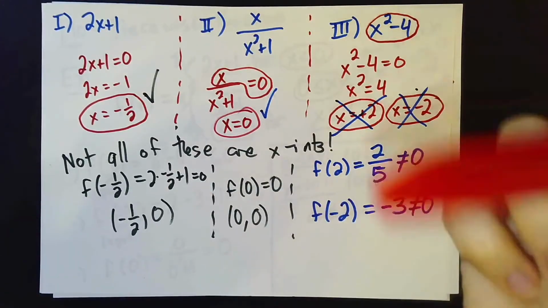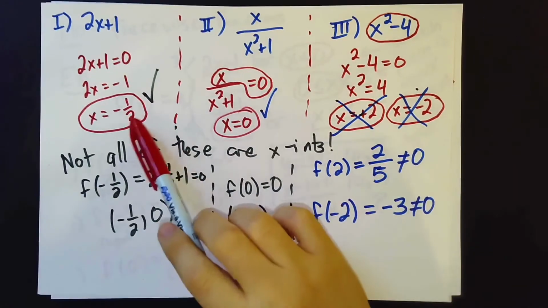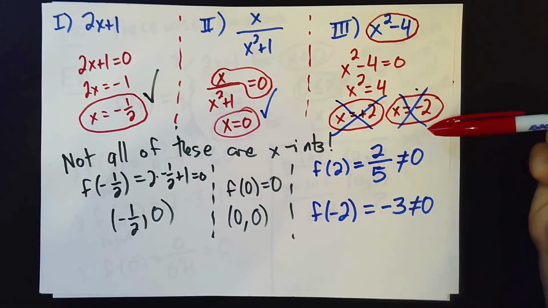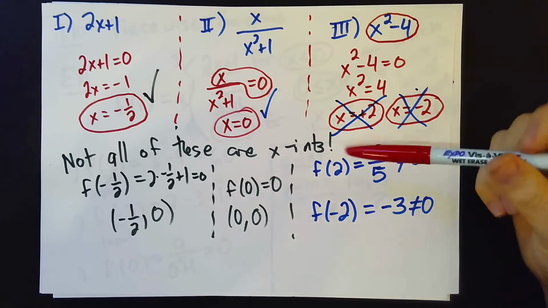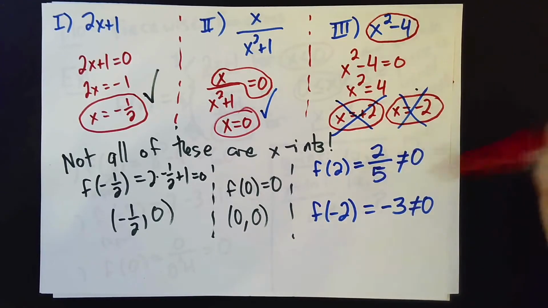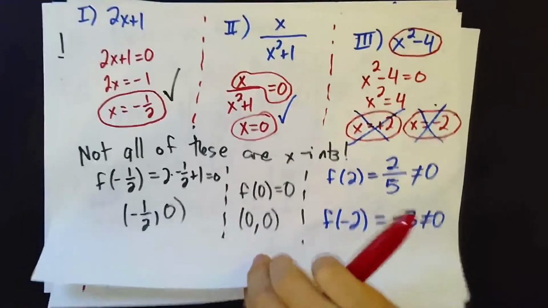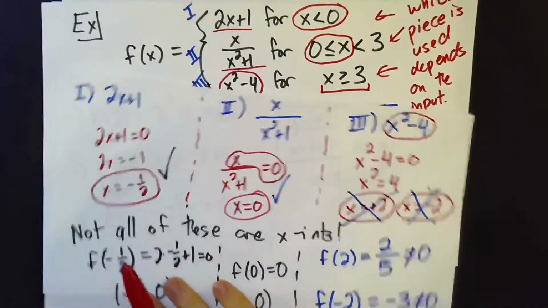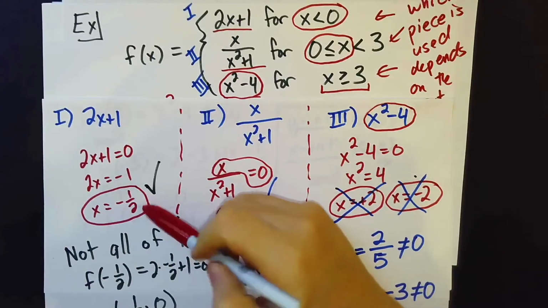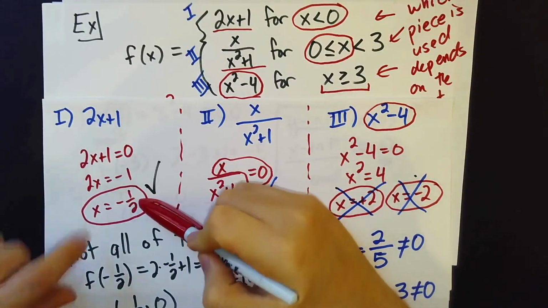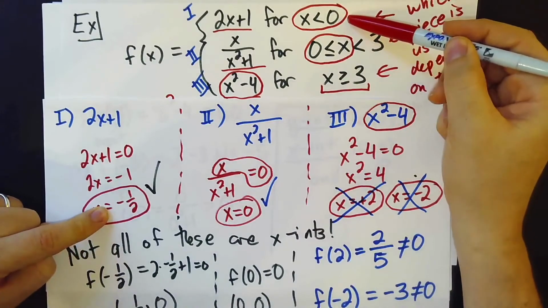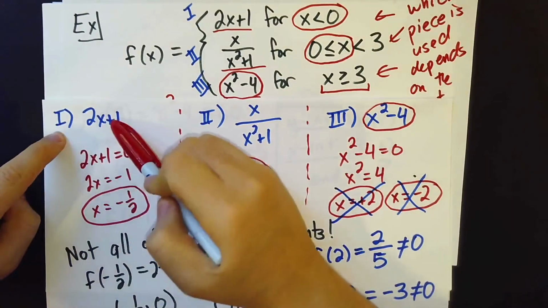So when I do this process, that is, when I find all of these zeros, what I'm really doing is finding potential x-intercepts, but then I have to go back and actually check, because the only ones that are going to work are going to be the ones where the corresponding input, for example, minus a half, actually lives in the line I was solving for. So in this case, I was solving for line 1 being 0.